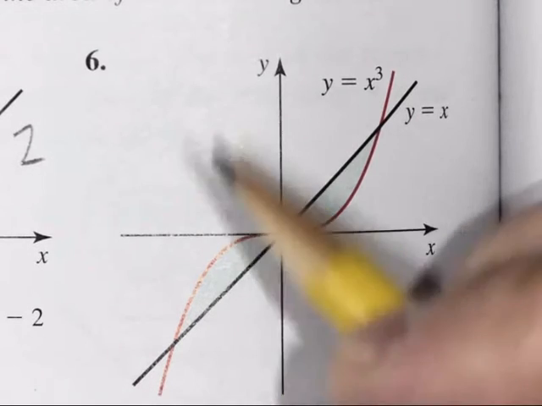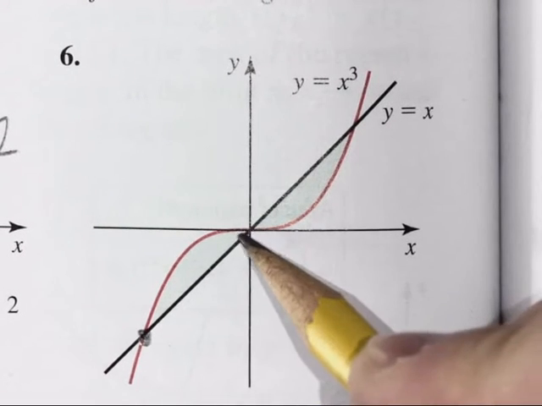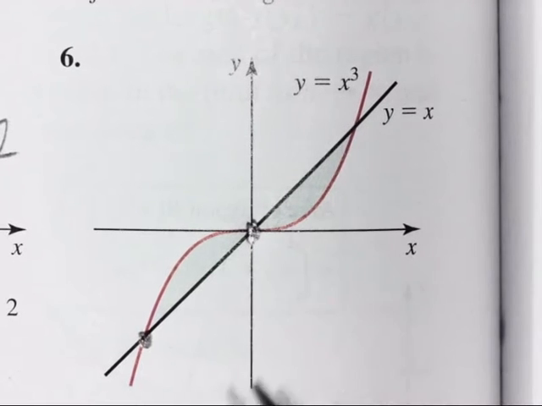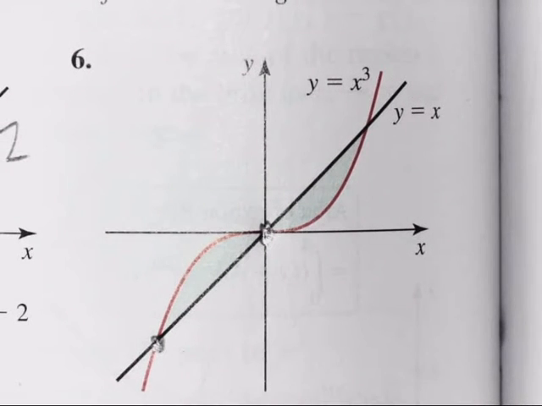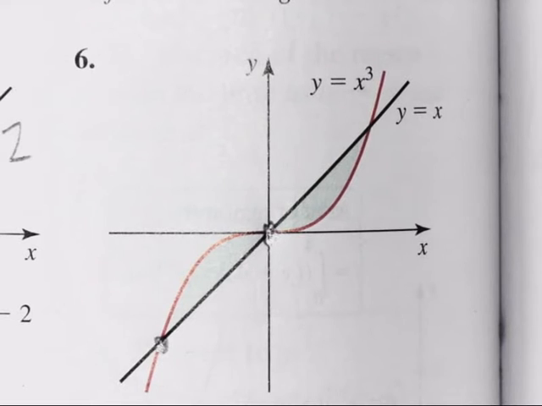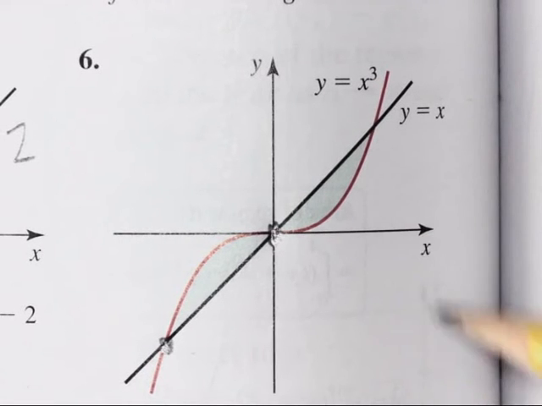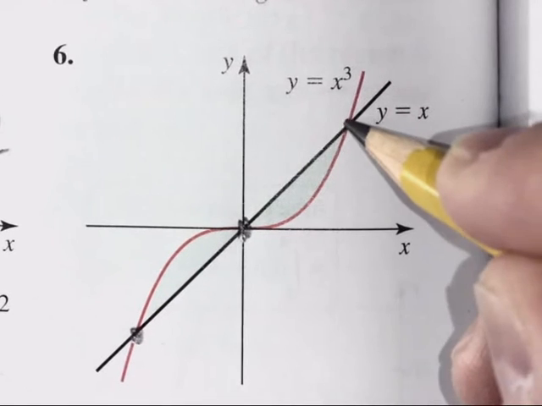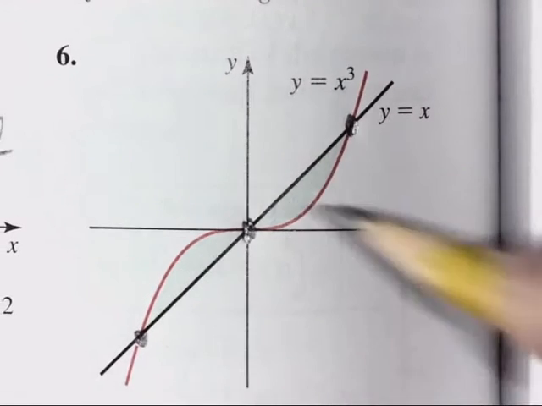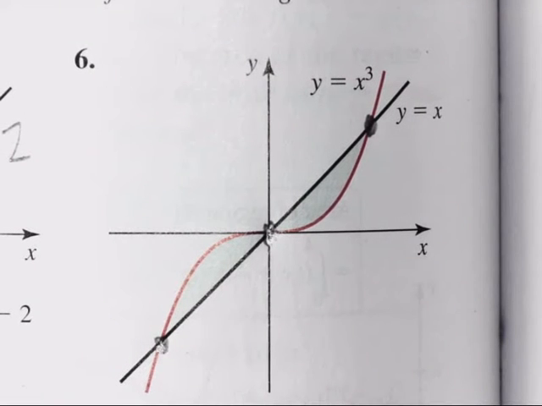And so when we're down here, from here to here, the top function is actually y equals x cubed. And then after that, it switches, and the top function is y equals x. So because of that, we actually are going to find these two shaded regions separately and then combine them together.